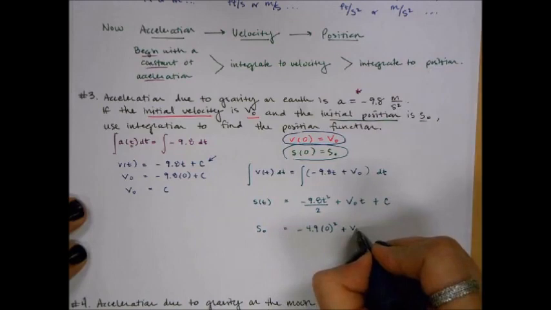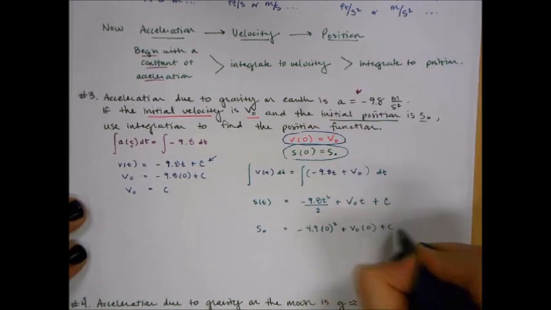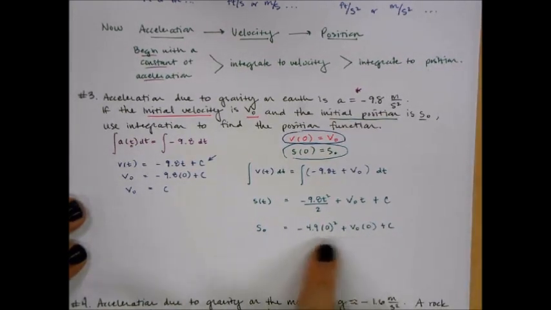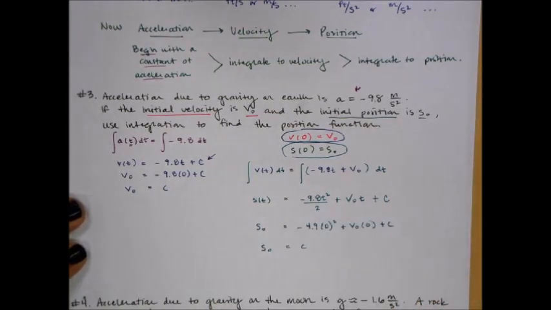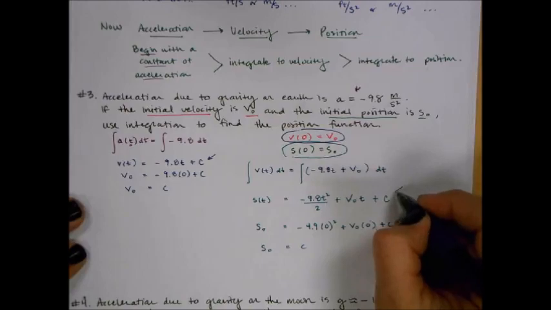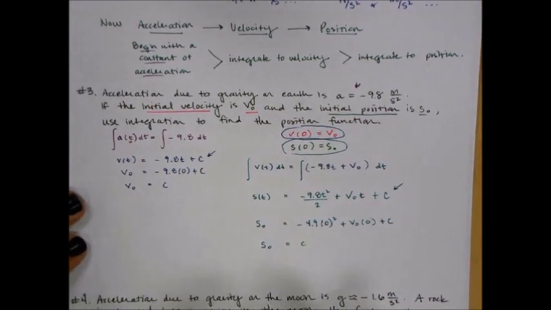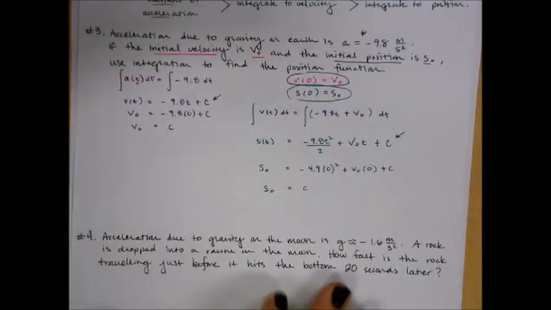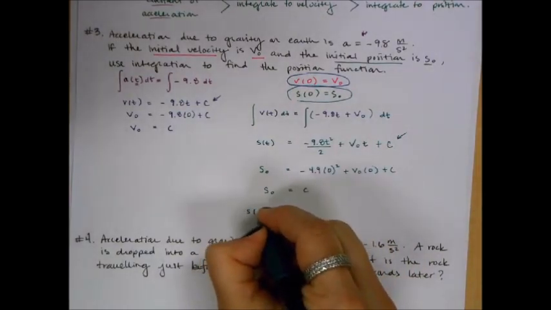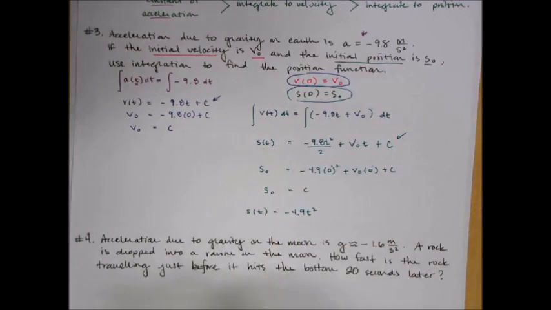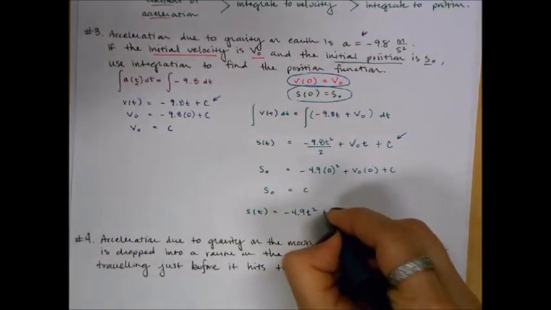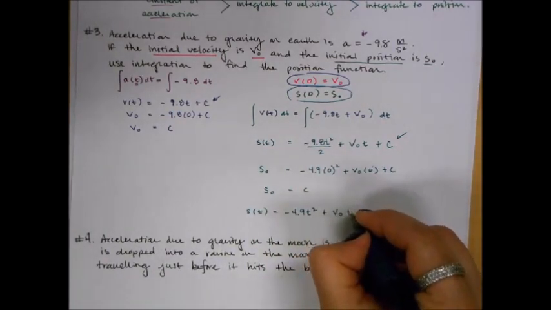And so the 0 terms are gone, and we're left with c is equal to s naught. And we go back and plug that in here to write our final equation. So I have s of t is equal to negative 4.9 t squared plus v naught t plus s naught. And that's the position function.